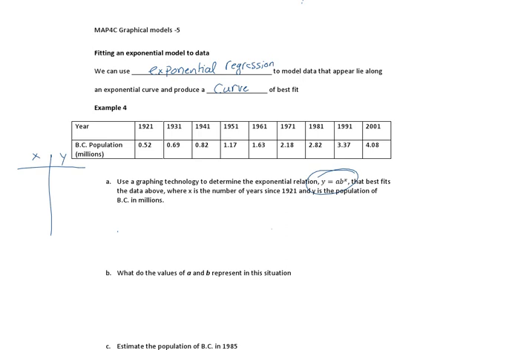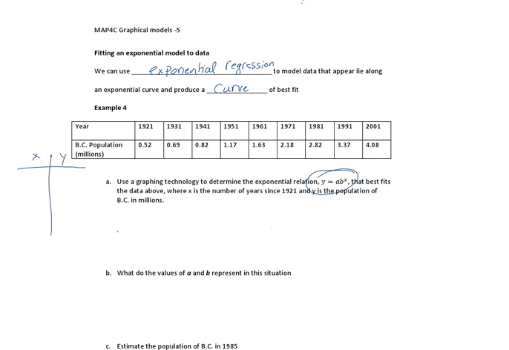Where x is the number of years since 1921. So what would I do for 1921? Would I write 1921 or would I write something else? The question is saying where x is the number of years since 1921.